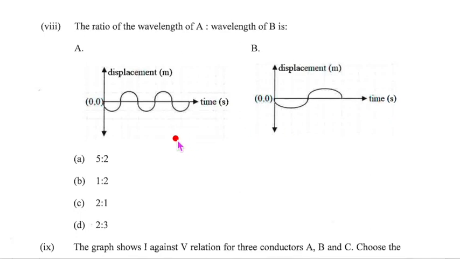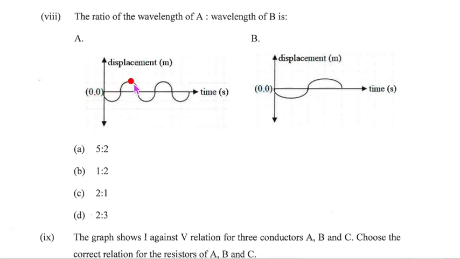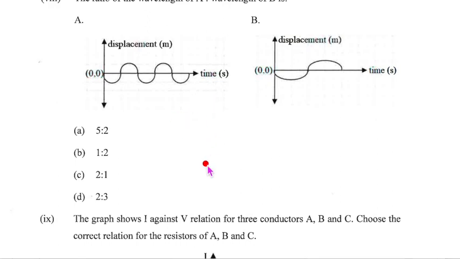The wavelength, now can you see over here, this is connected with frequency and this is also connected with frequency, the same distance. We'll have to check how much this distance is. Then that will give us the ratio of frequency, and then we will say frequency and wavelength are inversely proportional. So a little bit of working will be required.